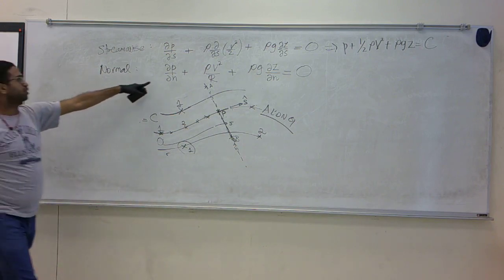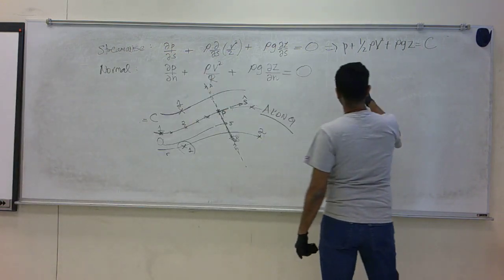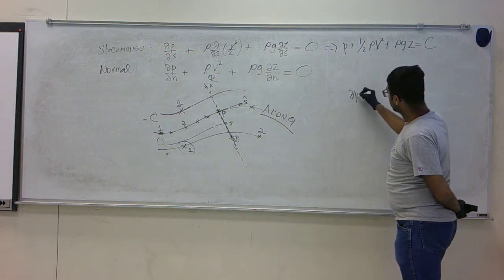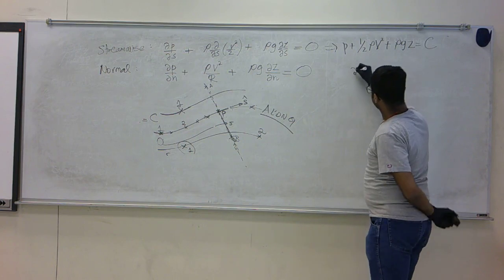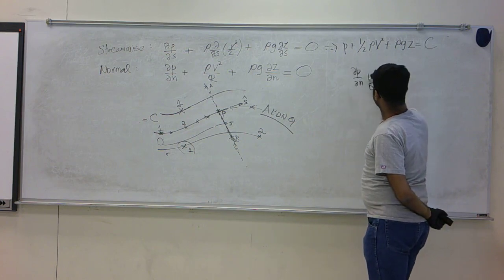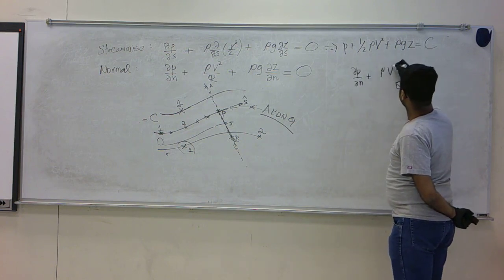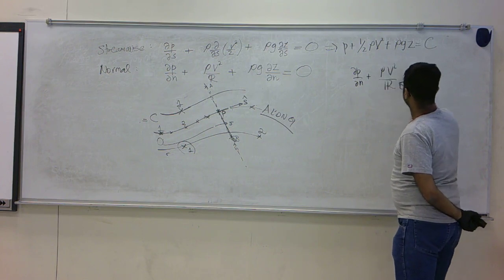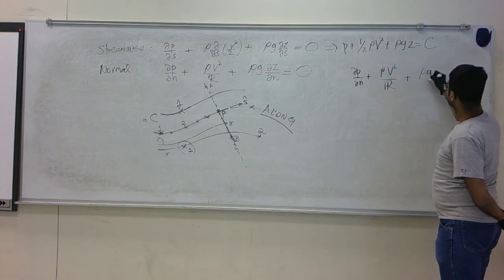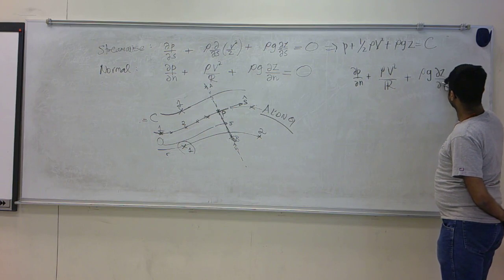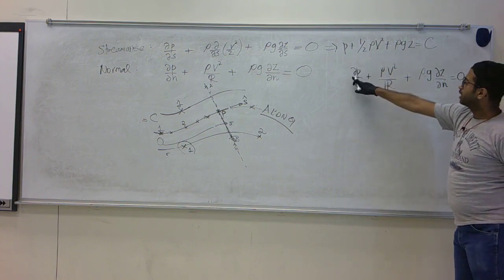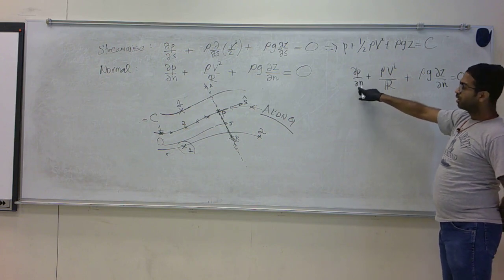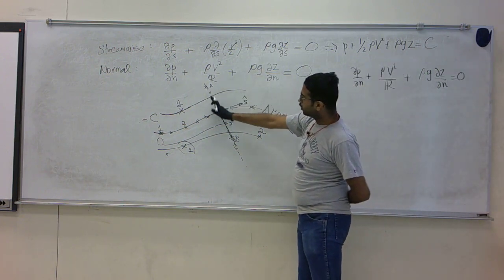So if I take this equation here, I can write dp over dn plus rho v squared over r plus rho g dz over dn is equal to 0. Since it's only a derivative with respect to n, we are considering a constant value of s.